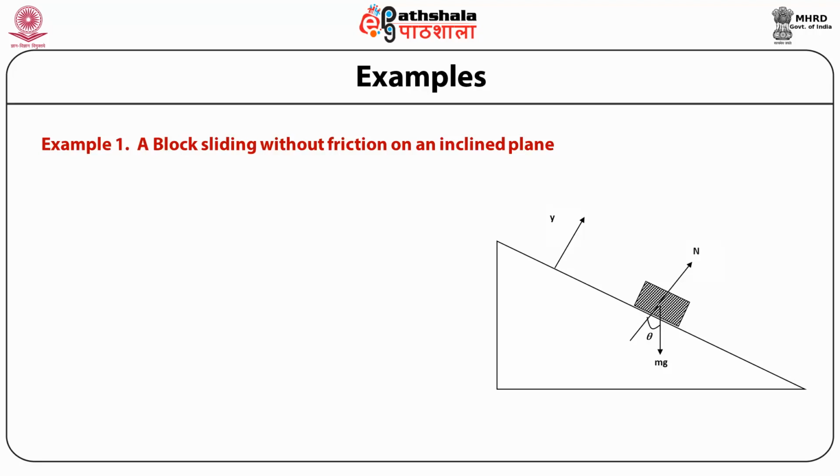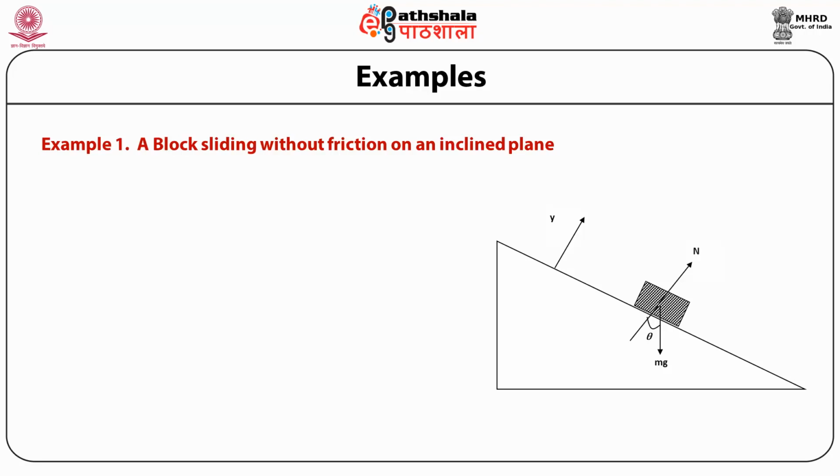As a very simple example, which you have already studied in school, assume a block sliding without friction on an inclined plane. The angle of the inclined plane is, let us say, theta.